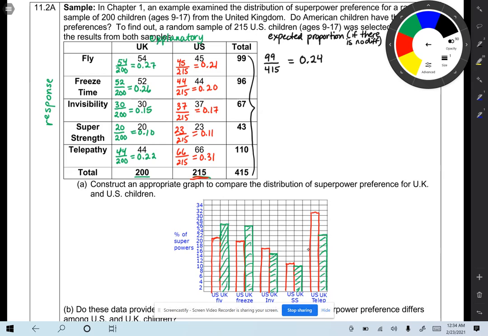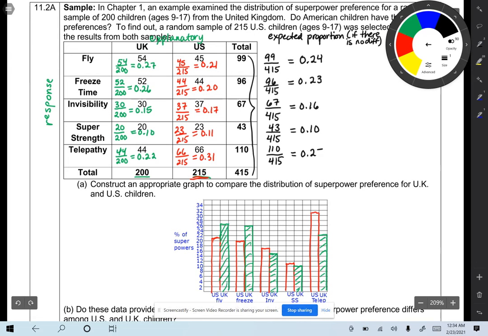And then do the same thing for freeze time, 96 over 415. That's 0.23. 67 over 415. That is 0.16. 43 over 415, 0.10, and lastly 110 over 415, and that gives us 0.27.